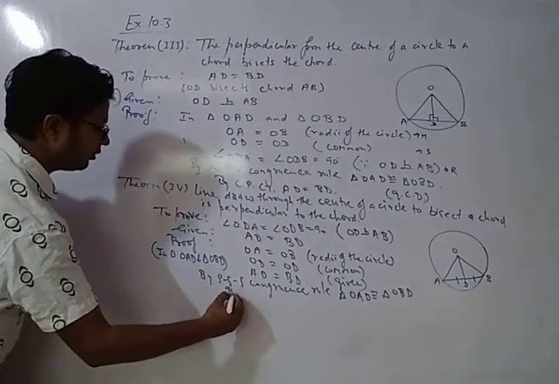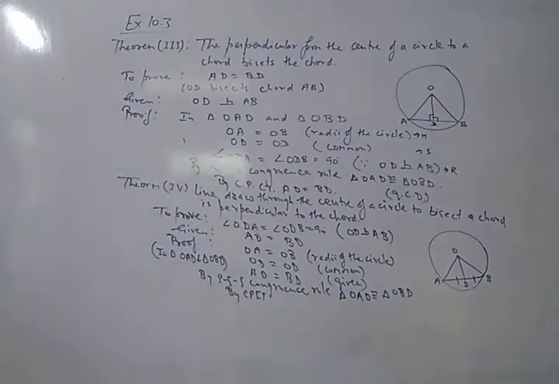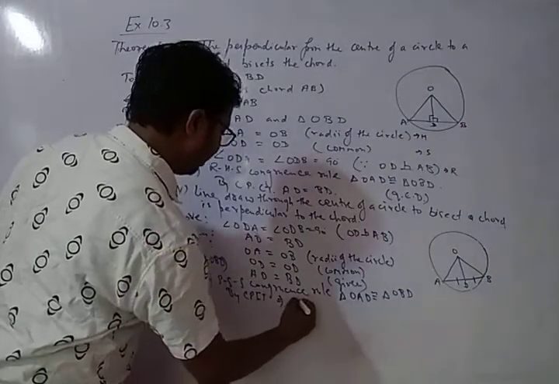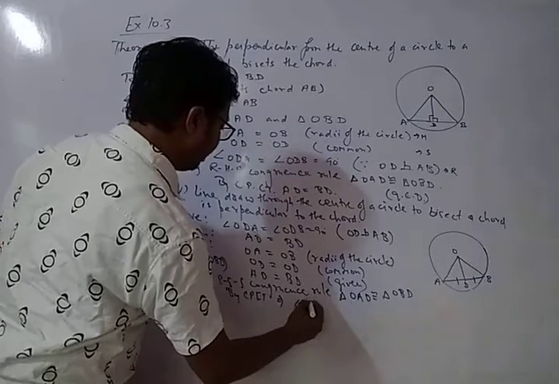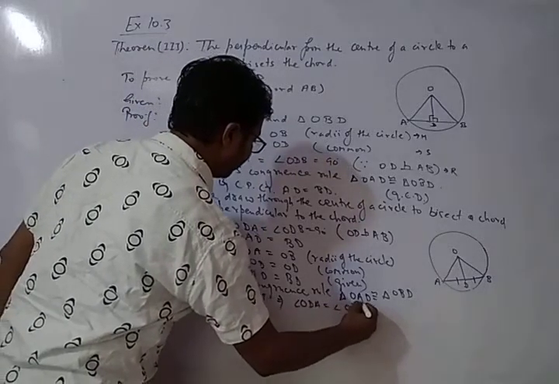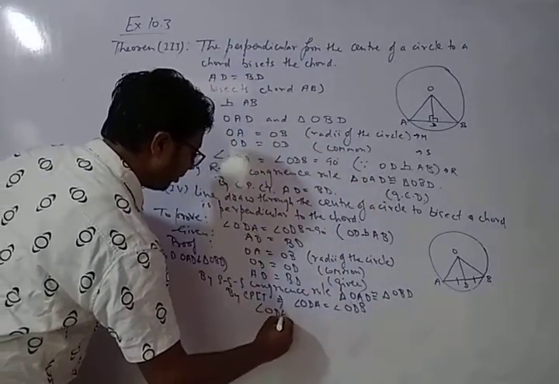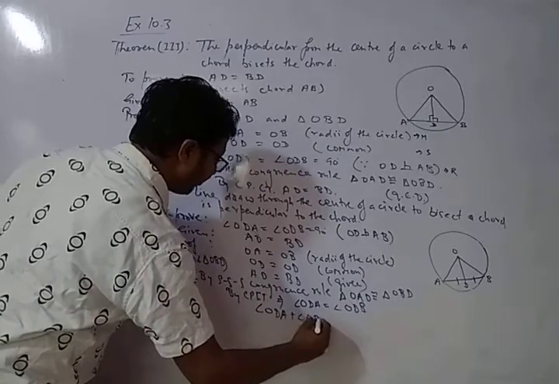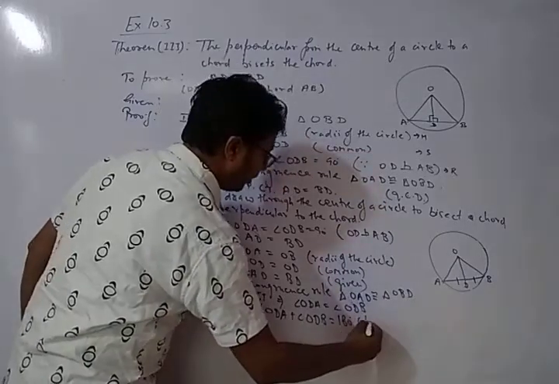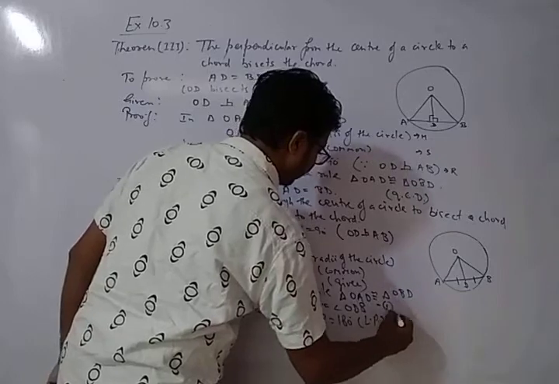Now by CPCT we can write that angle ODA is equal to angle ODB. Now we know that angle ODA plus angle ODB equals 180 degrees, forming a linear pair.